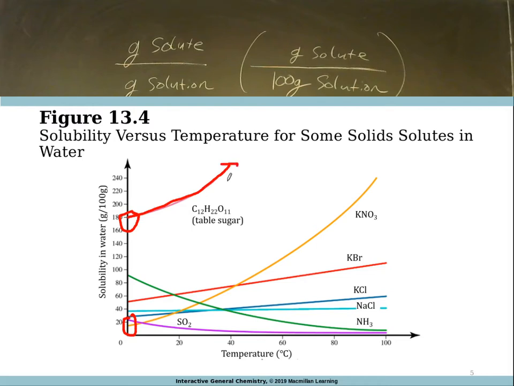Has anyone ever made candy, like caramel or toffee? You do that by dissolving what seems like an absurd amount of sugar into the water. But as you heat it up, it dissolves. And then you add even more sugar. And you heat it up and it dissolves, and you add even more sugar.